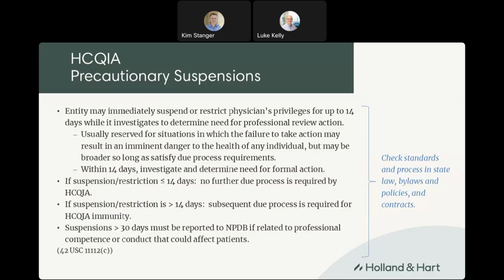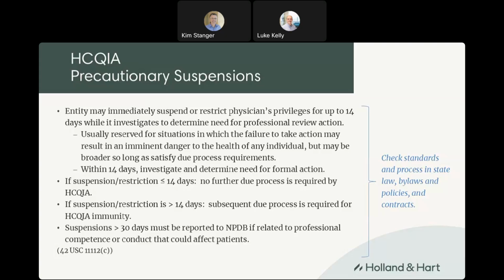So if you need to issue a precautionary suspension because, for example, you think that the physician may pose a risk to patients, or they may be interfering with hospital operations or whatever, you can go ahead and impose that for up to 14 days and you don't have to give any due process associated with it. If that summary suspension or precautionary suspension lasts more than 14 days, then to get HCQIA immunity, you have to give the due process that's required under HCQIA.